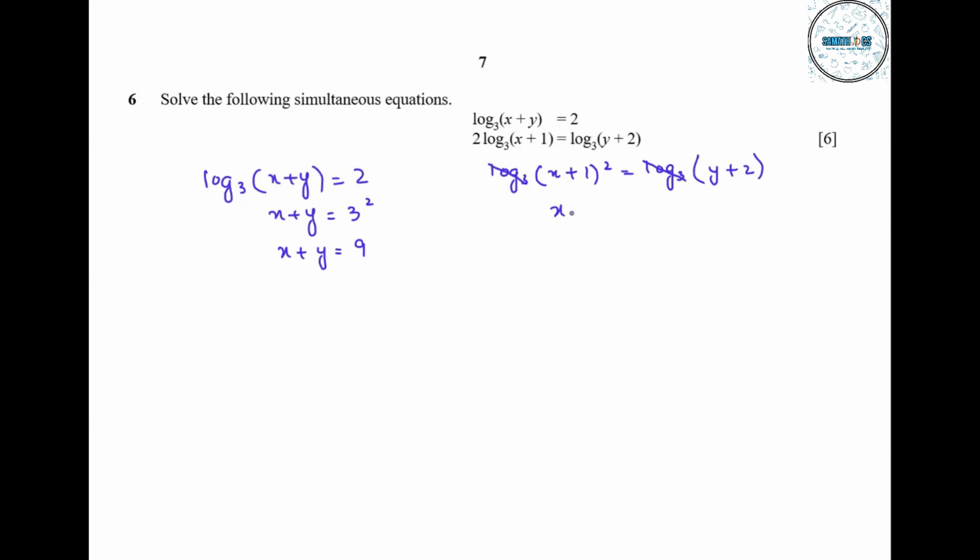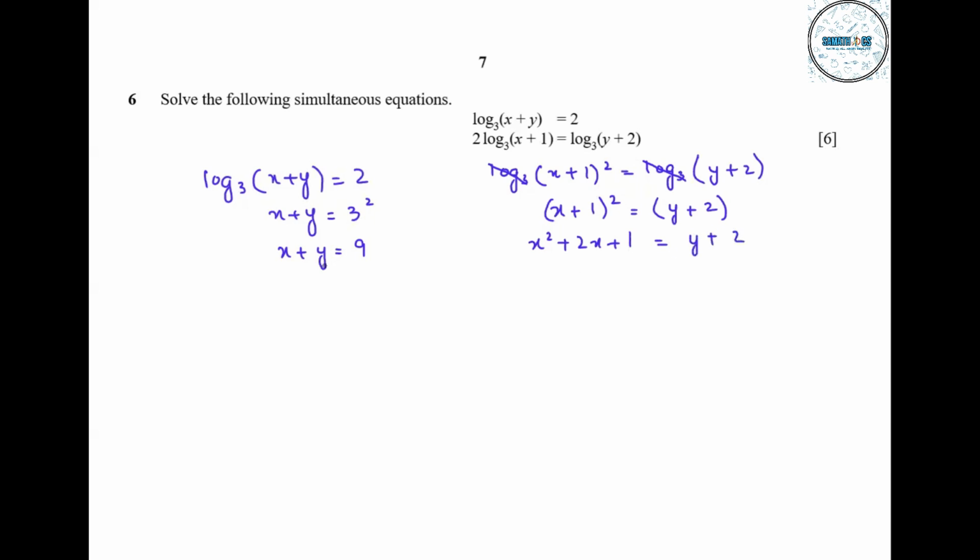So we have x plus 1 whole square is equal to y plus 2. We can expand it using the identity. So x square plus 2x plus 1 is equal to y plus 2.